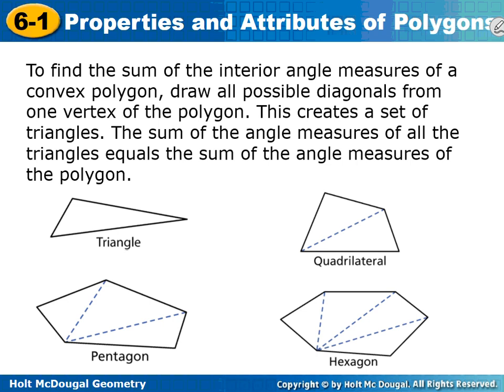If it is regular, only if it's regular, and you want to find each interior angle, all we have to do is take the sum and divide it by the number of sides. So here's our sum, n minus 2 times 180. What are we going to divide that by?